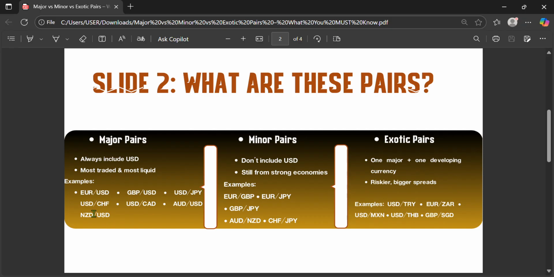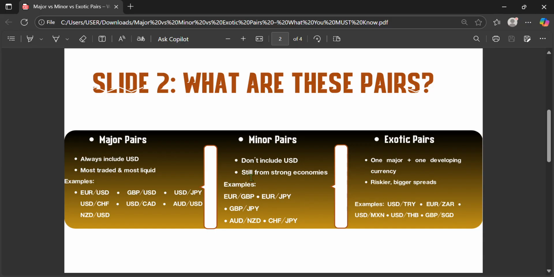And this is an example that we have. We have the minor pairs. Minor pairs do not include the US dollar. That's a straightforward difference between the major pairs and the minor pairs. The minor pairs do not include the US dollar, straight up.